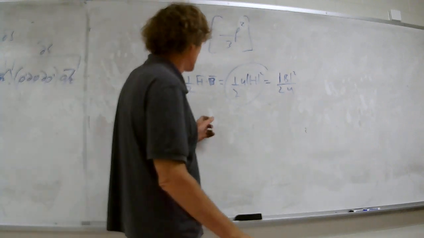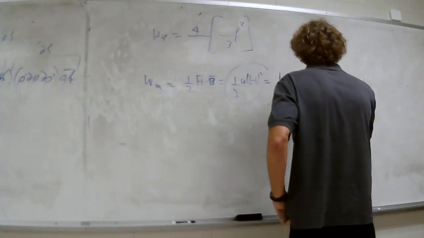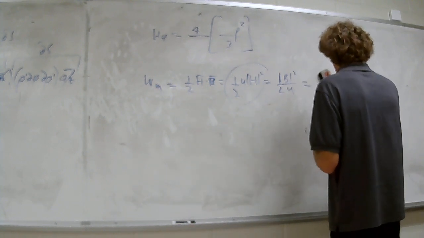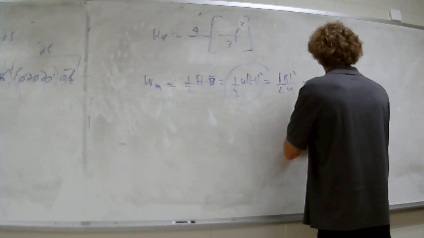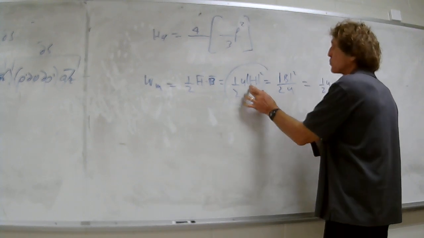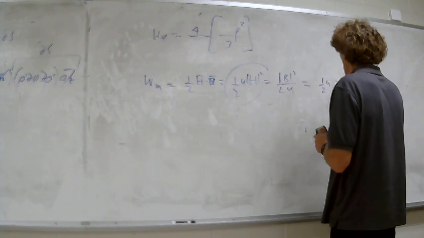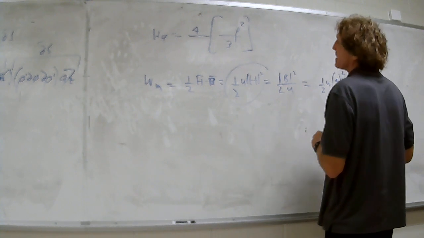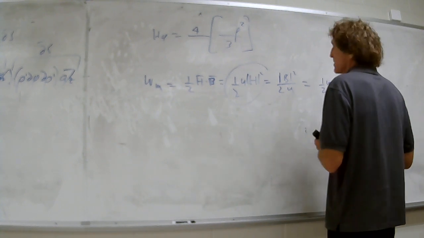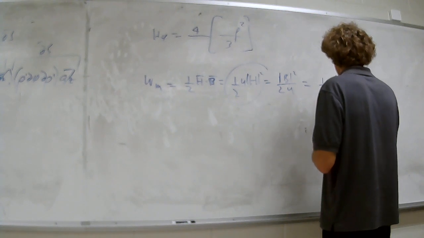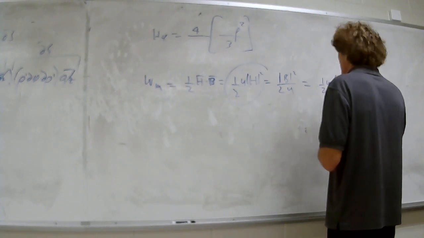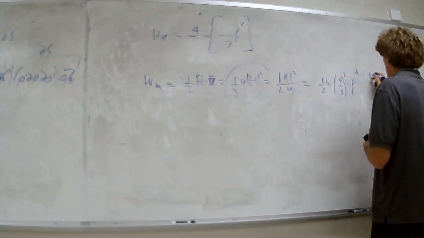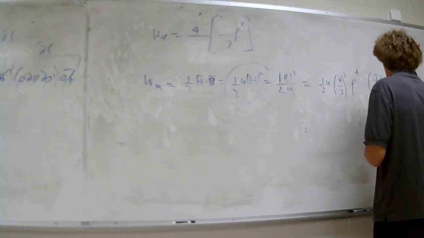So what happens over here? The energy density becomes 1/2 mu, and then I have to take H and square it. So that means I'm going to get 4/3 squared, and then rho to the 4th power here, and that's going to be in joules per meter cubed.